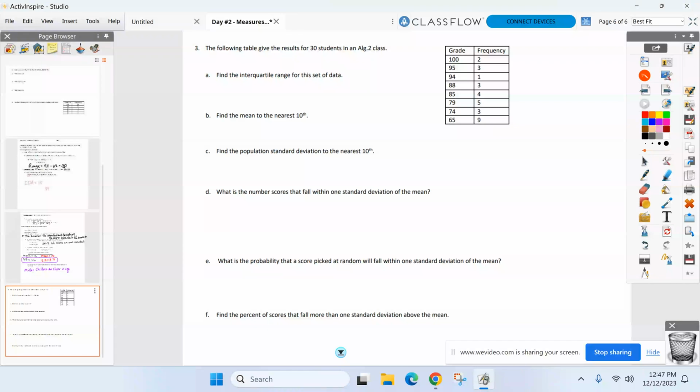It's so important to type these things in right, guys, because everything's going to get thrown off.